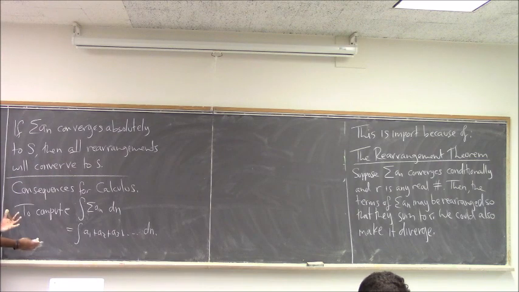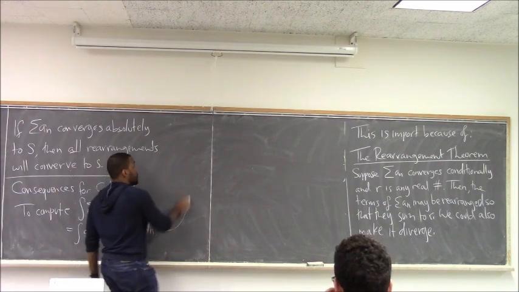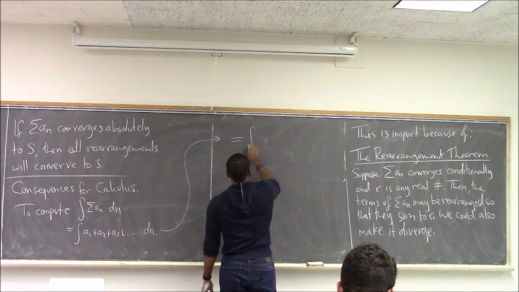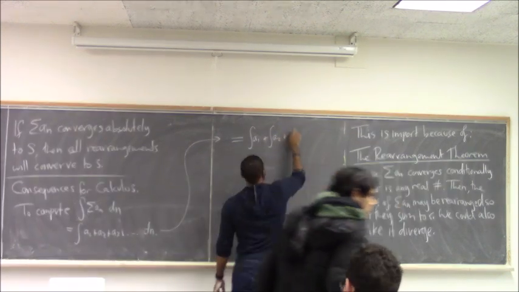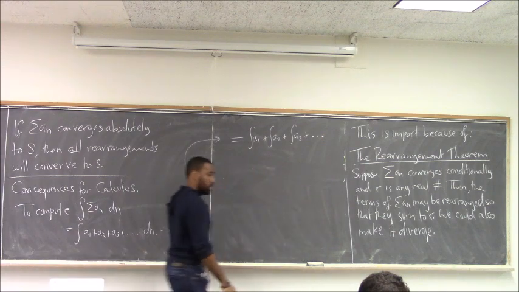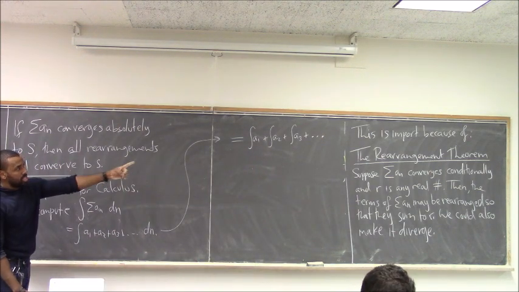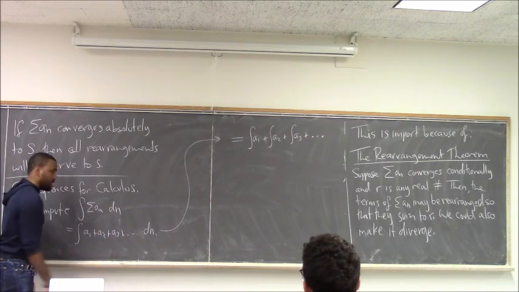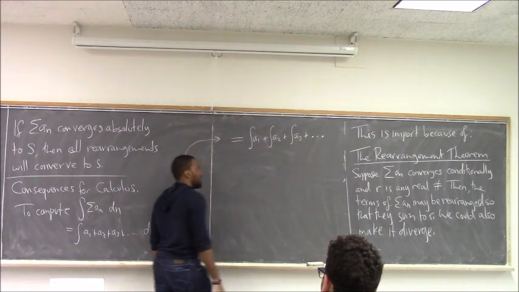You want to actually do that integral. We would like oftentimes to do this term by term. We would like to be able to integrate the a1 part, then integrate the a2 part, then integrate the a3 part, so on and so forth. But how do I know that's going to have any meaning whatsoever? If I can just rearrange the terms here and get a different answer, won't these integrals also give me a different answer?